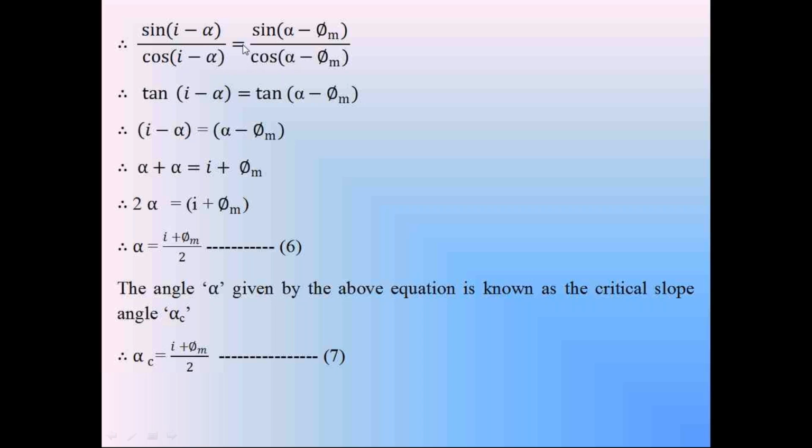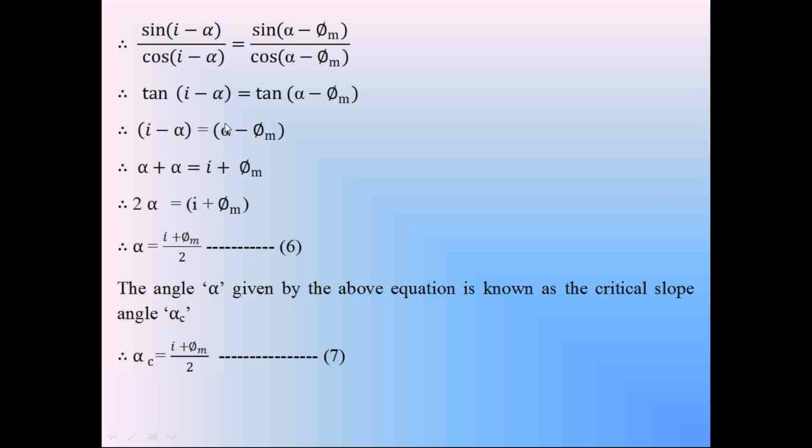Simplify this equation. The left hand side sin by cos is tan I minus alpha. Right hand side sin by cos is tan alpha minus phi m. So simplify this equation. You will get tan I minus alpha is equal to tan alpha minus phi m. So from this equation, you will get I minus alpha is equal to alpha minus phi m.